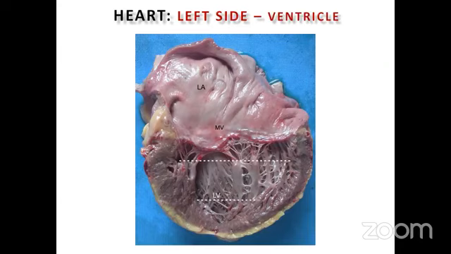So, most of the congenital anomalies are classified looking more at the right side of the heart rather than the left side of the heart.